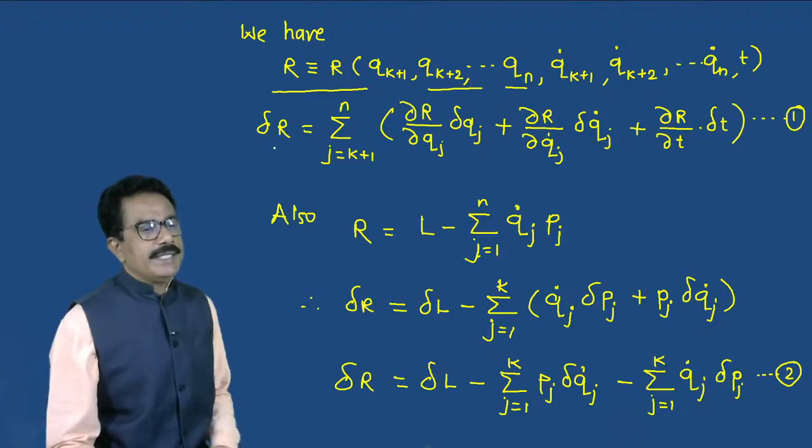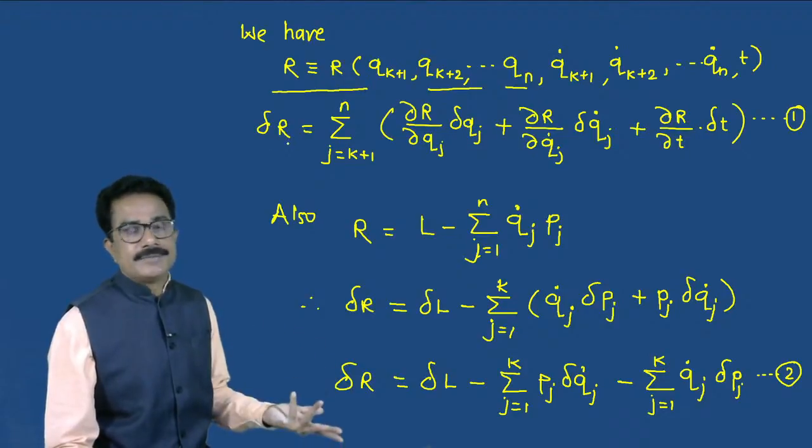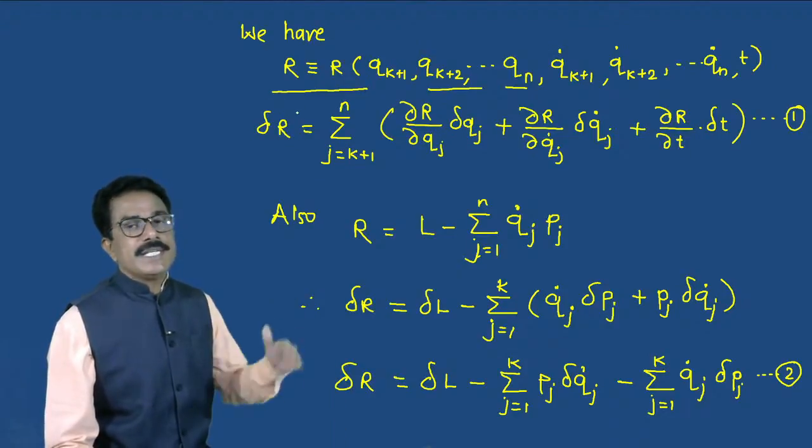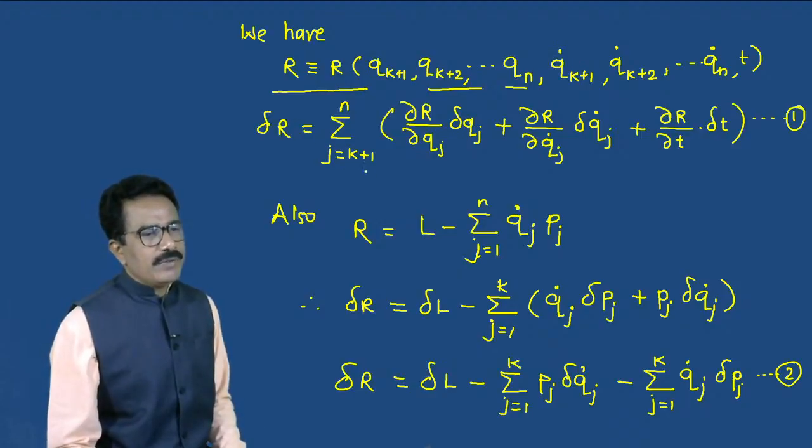Now we can write delta R. If we differentiate this, summation over j equals k plus 1 to n of dou R bar by dou qj into delta qj, because R is a function of q.